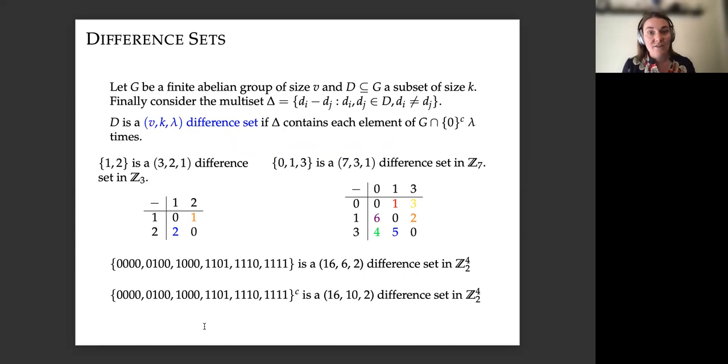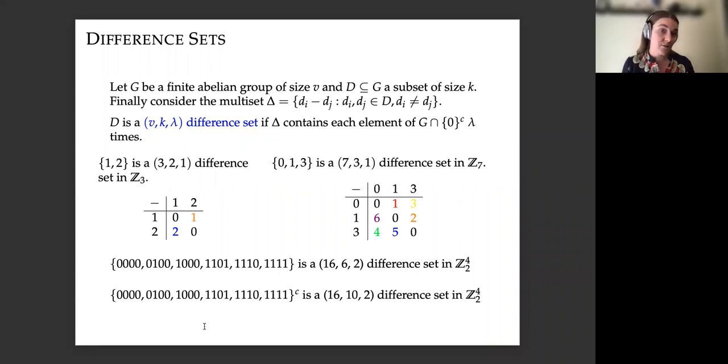Okay, so one of the constructions that we're going to see today, actually the only actual construction, involves so-called difference sets. This is the first combinatorial object that we're seeing in this talk. So what is a difference set? Let's fix a finite abelian group G of size v and a subset D of size k. So subset, not subgroup. We're going to consider the multi-set of differences of elements.